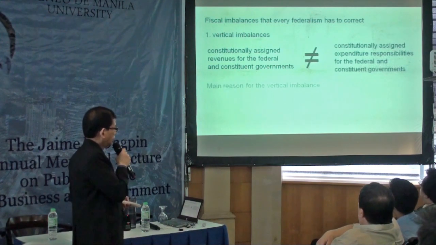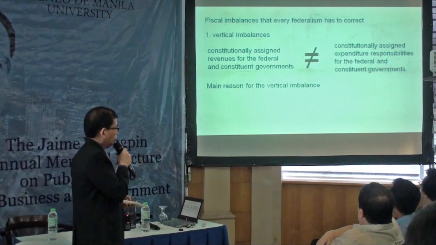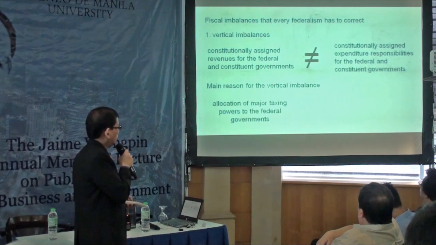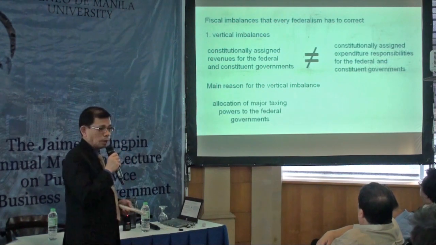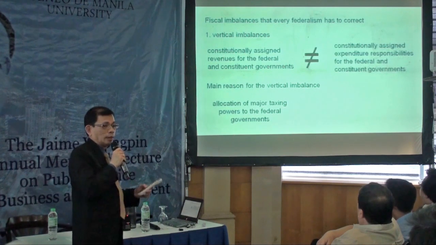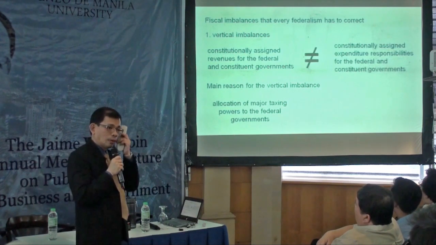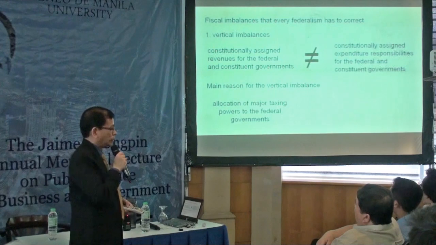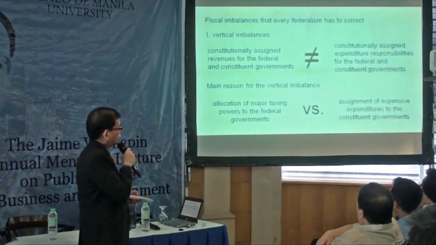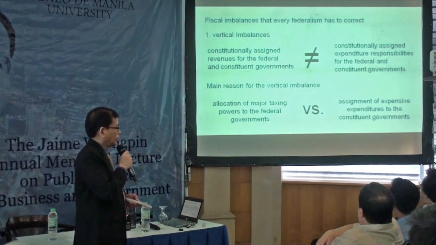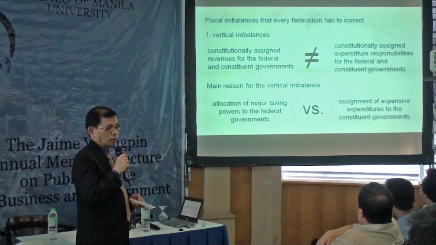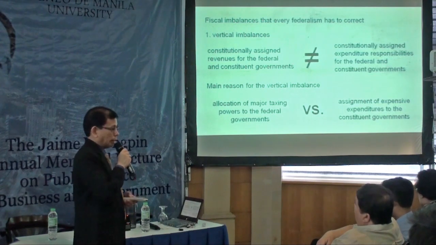The main reason for the vertical imbalance would be the allocation of major taxing powers to the federal government. You might have noticed that most taxing powers were given exclusively to federal, versus the assignment of expenditures to the constituent governments, for example, health or education.